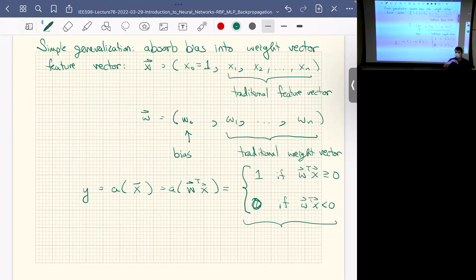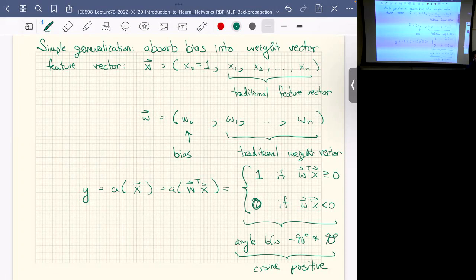So this is like saying the angle is between minus 90 degrees and 90 degrees, or cosine positive.